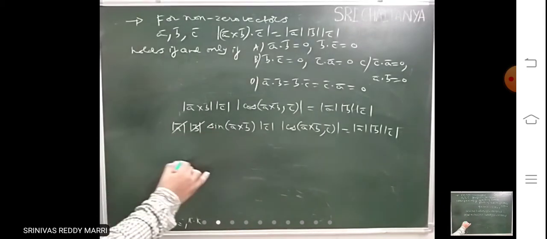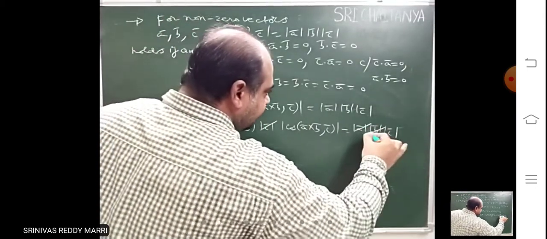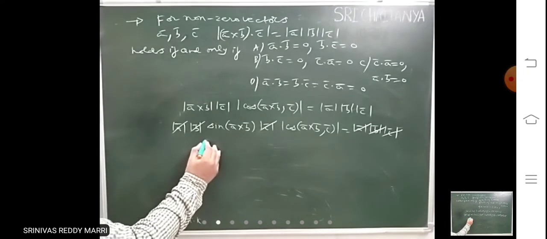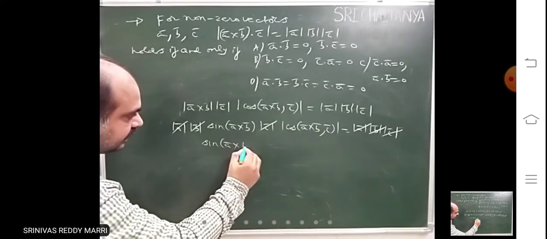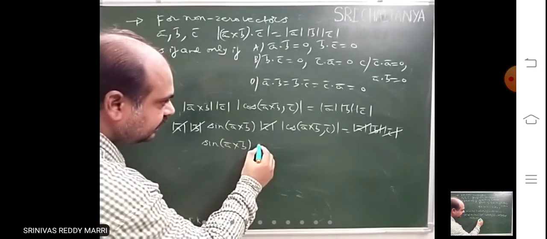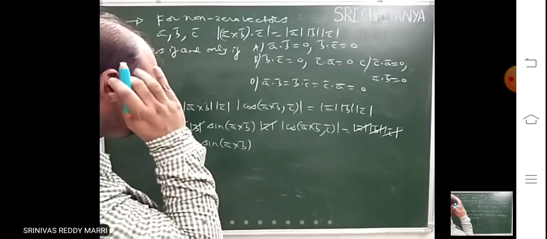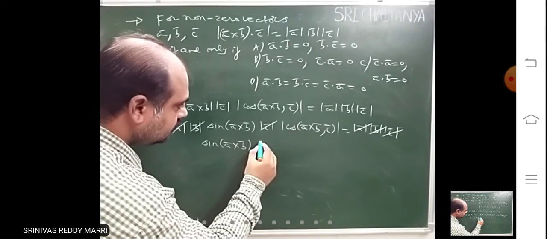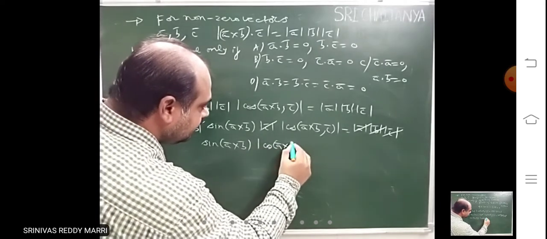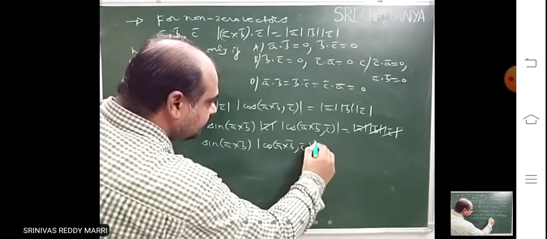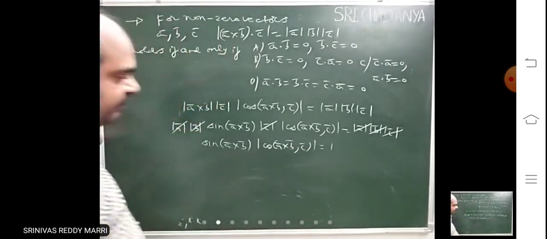These cancel. Therefore sine of the angle between A bar and B bar, into modulus cos of the angle between A bar cross B bar and C bar, equals 1.